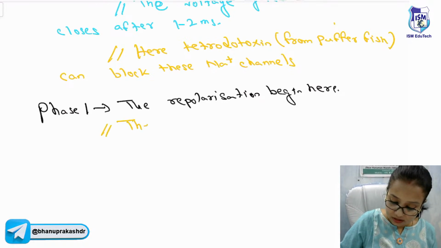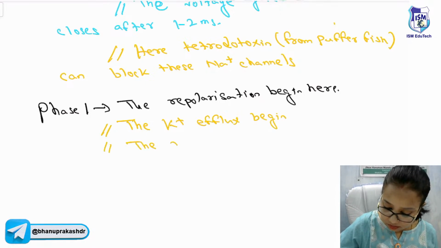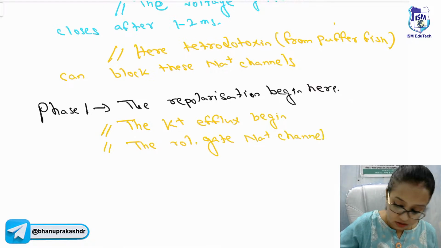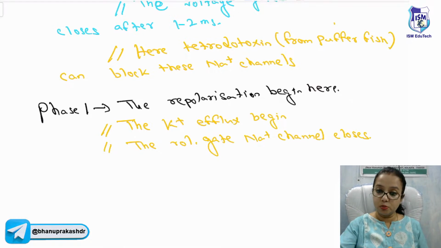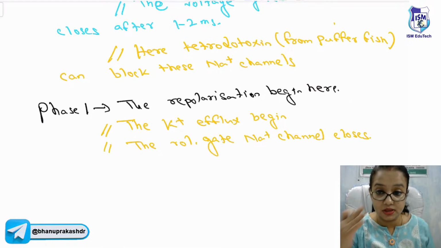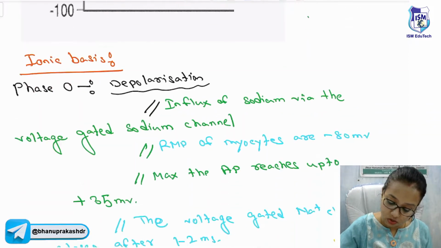Here, the potassium efflux begins. Obviously, the voltage gated sodium channel closes, and the potassium efflux begins. The outward movement of the potassium happens. This is phase 1.